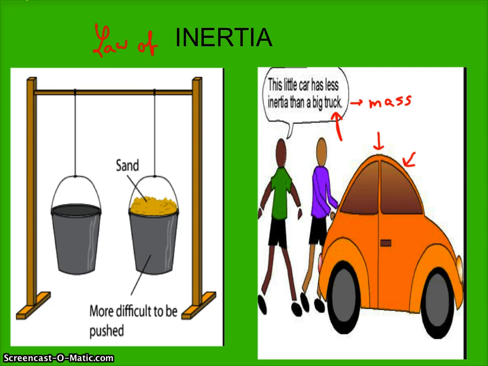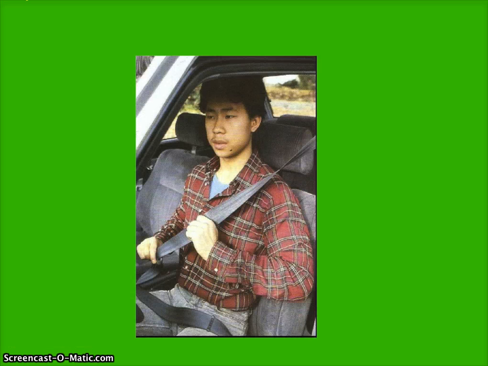I think I just have one more photo here. Inertia is why we wear seat belts, like this guy is right here. You have the constant speed of the moving car. Quick deceleration is an unbalanced force. So as a result, the unbalanced force makes the guy move forward into his seat belt.